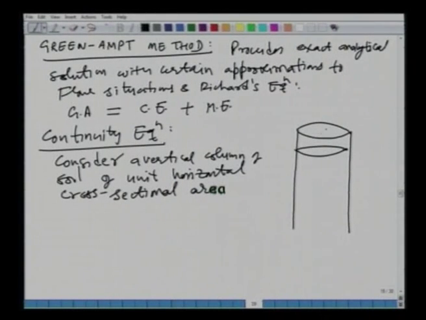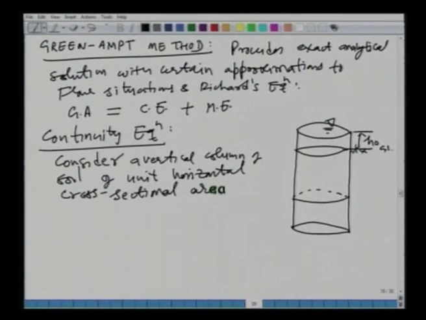So, this is your depth h naught, and this, as you see, is the ground level. Here we have the depth of the wetting front.